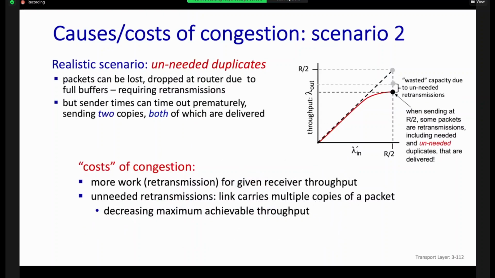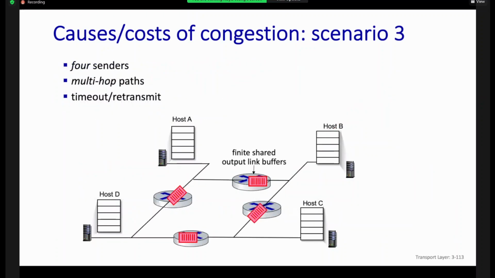Okay, and for this case, let's consider the last one, scenario 3. In the real case, there are multiple senders and multiple receivers, and also multiple routers, multiple hops. For example, from host A to host C, there are two routers with limited buffers. If we send data, we need to consider lambda in prime, the summary of transmissions.